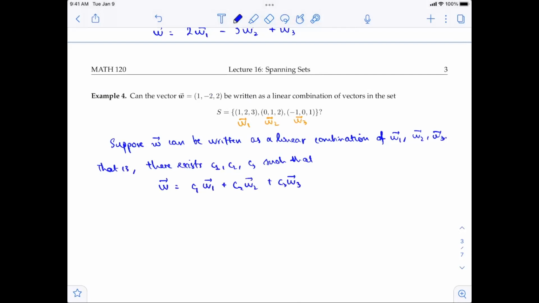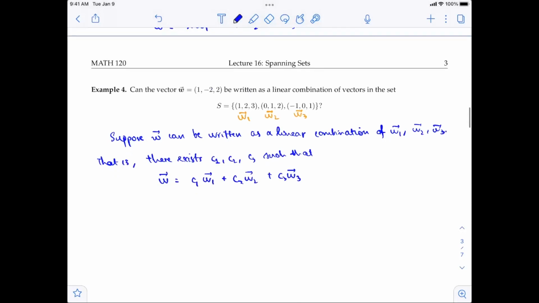Okay, so with the setup, and we know the form of the vectors, right? We know W, we know W1, W2, and W3. I'm going to plug them into this equation. You get 1, -2, 2 equal to C1 times 1, 2, 3 plus C2 times 0, 1, 2 plus C3 times -1, 0, 1.